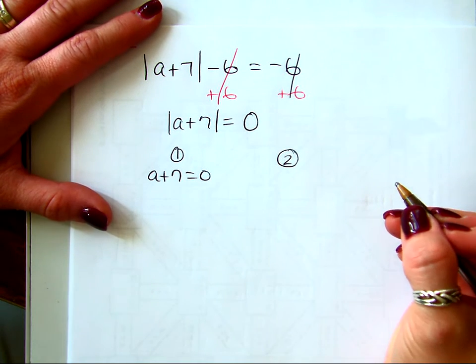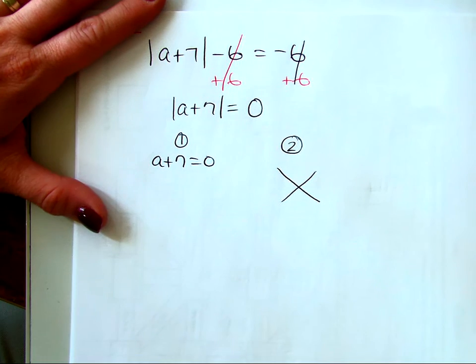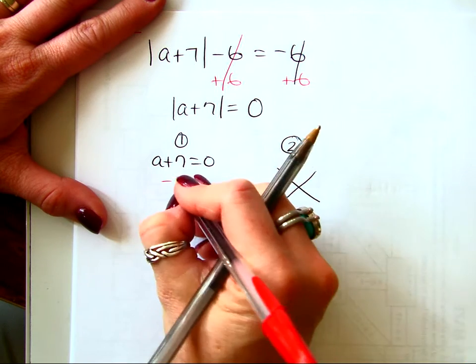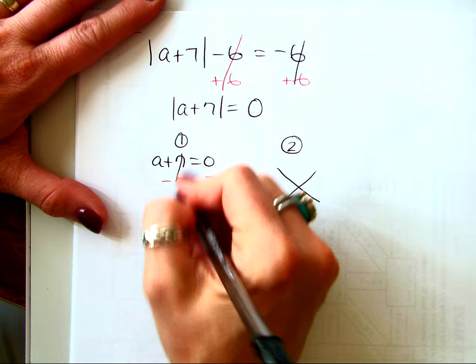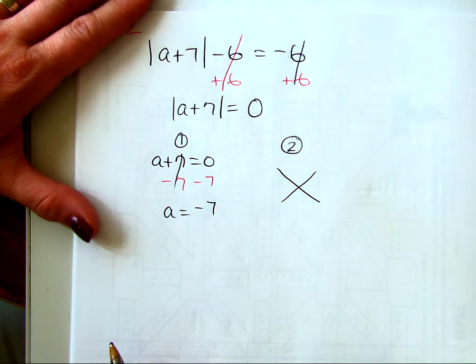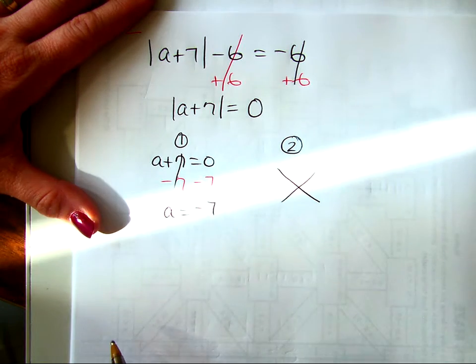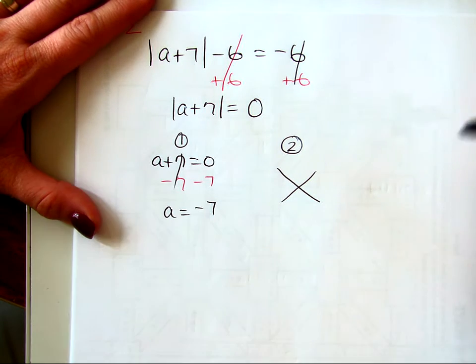Am I? So this equation doesn't exist when that is 0. So this is an example of one of the times you're only going to have one answer instead of two. You with me?